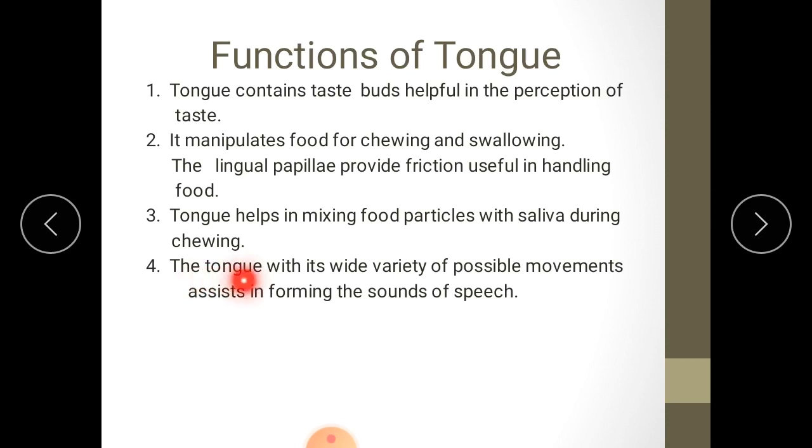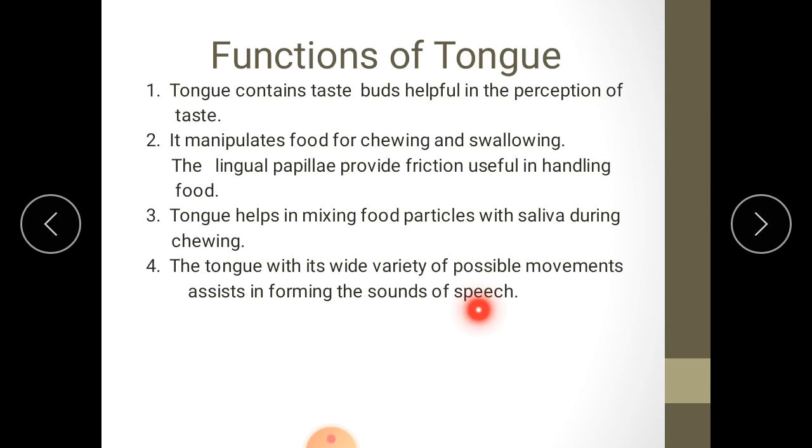The tongue, with its wide variety of possible movements, assists in forming the sounds of speech. The larynx is the sound box, and that sound comes out of the mouth.